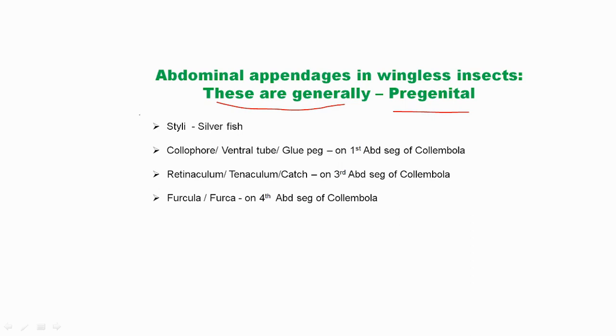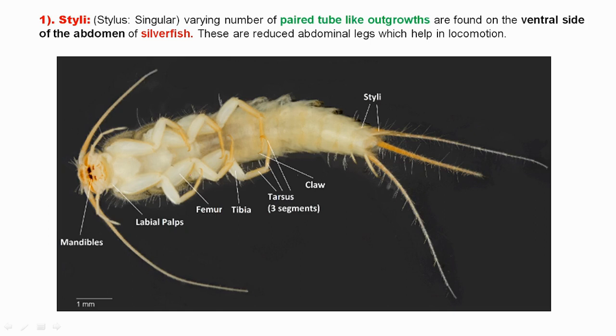These appendages include styli in silverfish, colophore or ventral tube or glue peg on the first abdominal segment of Collembola, retinaculum or tenaculum or catch on the third abdominal segment of Collembola, and furcula or furca on the fourth abdominal segment of Collembola. Let's see them one by one by seeing their images.